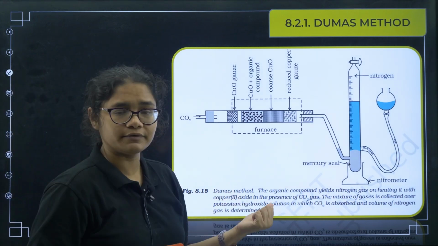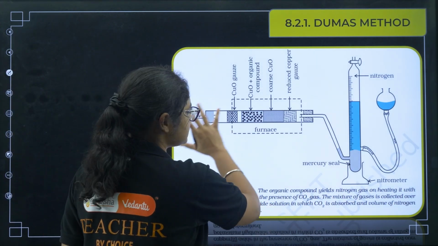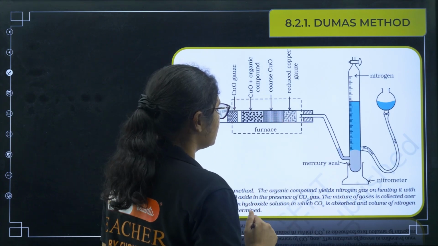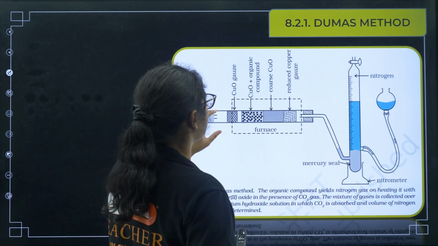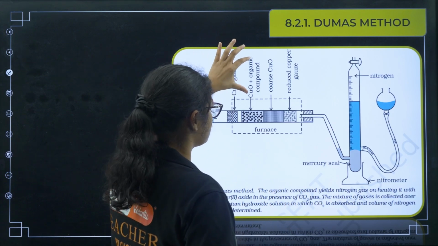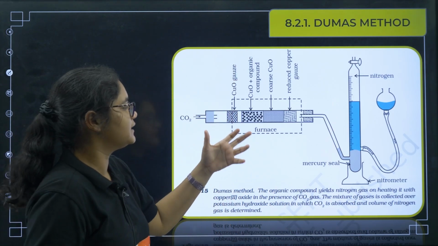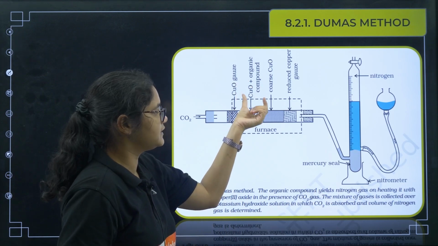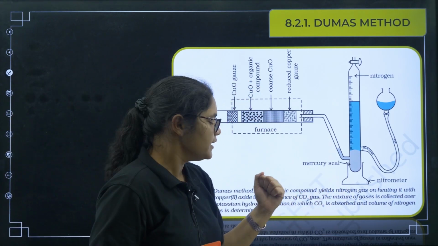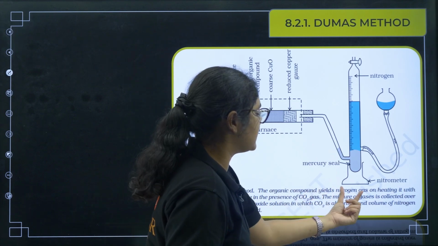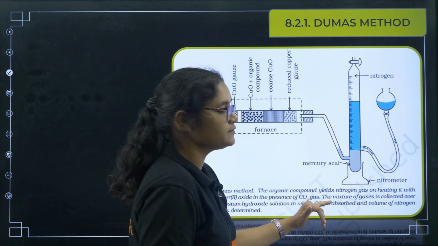In the Dumas method, what we do, first of all, this is the setup. The organic compound burns in the presence of copper oxide, and if there is any nitrogen present in the organic compound, it yields N2 gas.